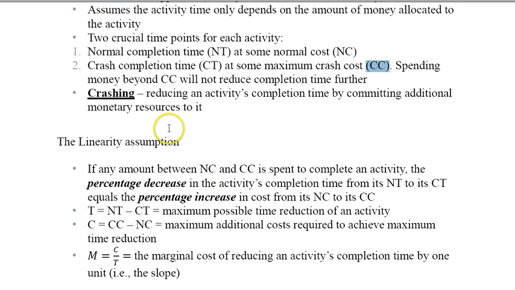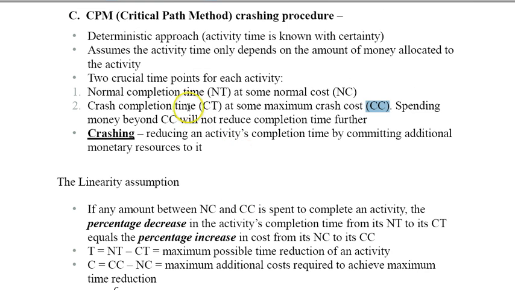We also need an assumption to do this. Suppose you have an activity which takes, say, 10 days and you can reduce it by 5. Maybe the first day of reduction costs you $5, but the last day of reduction can cost you $10. We're going to say this is not the case. Any day, whether it's the first day or the last day of reduction, costs the same amount.